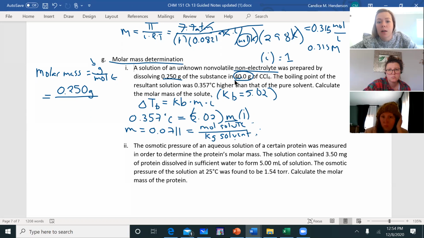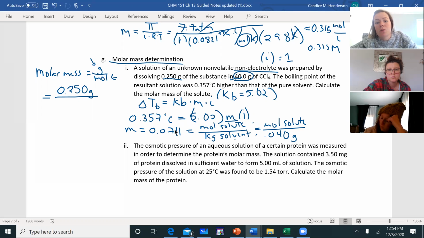So move the decimal over 1, 2, 3. So now we have, instead of kilograms, moles of solute divided by 0.040 kilograms of the solvent, or what it's getting dissolved in.